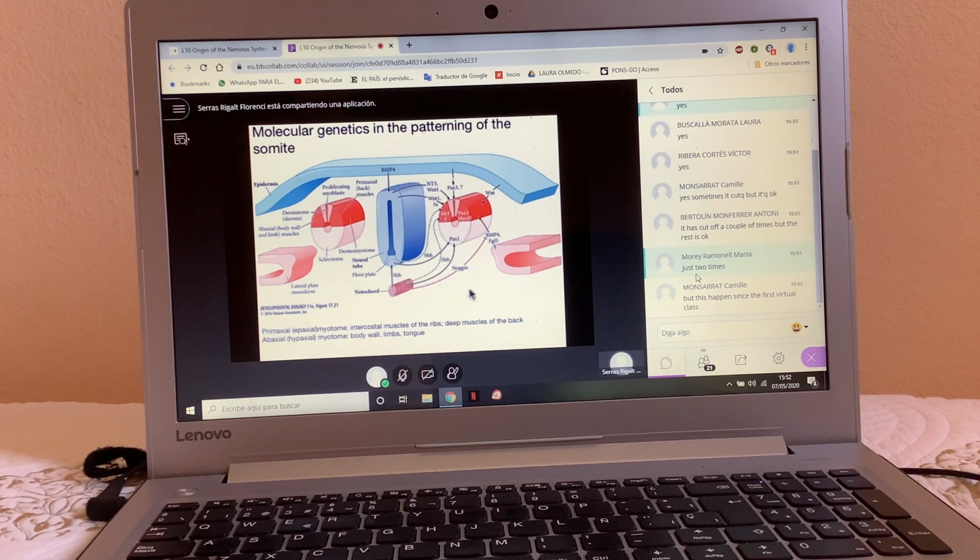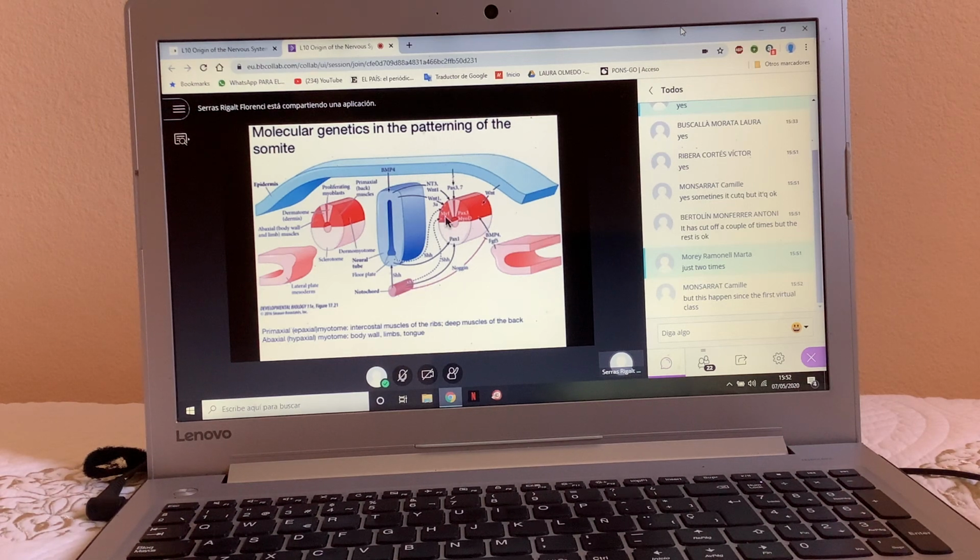Okay. Now, in any case, what I was telling you is that sonic hedgehog is acting from the notochord as a signaling center. So sonic hedgehog is triggering here, and this is going to start differentiation. There are other signals that are very important. For example, this myotome that is going to develop the muscles that are keeping the vertebra tight to each other requires low levels of sonic hedgehog because this part is a little bit far away.